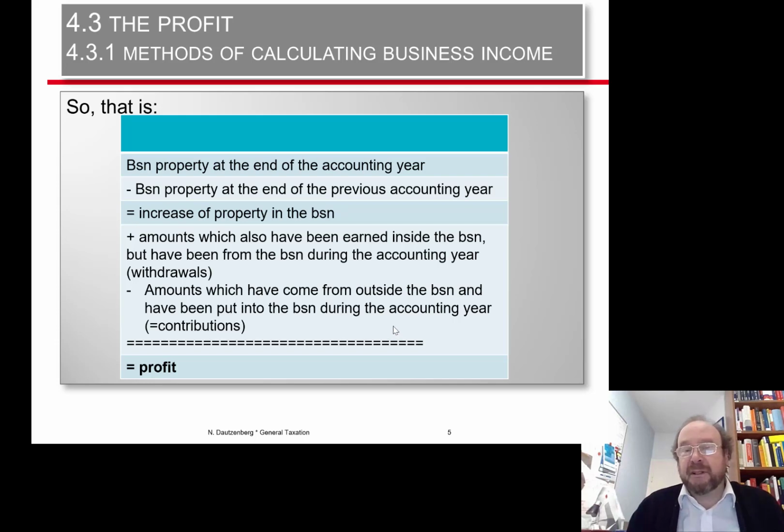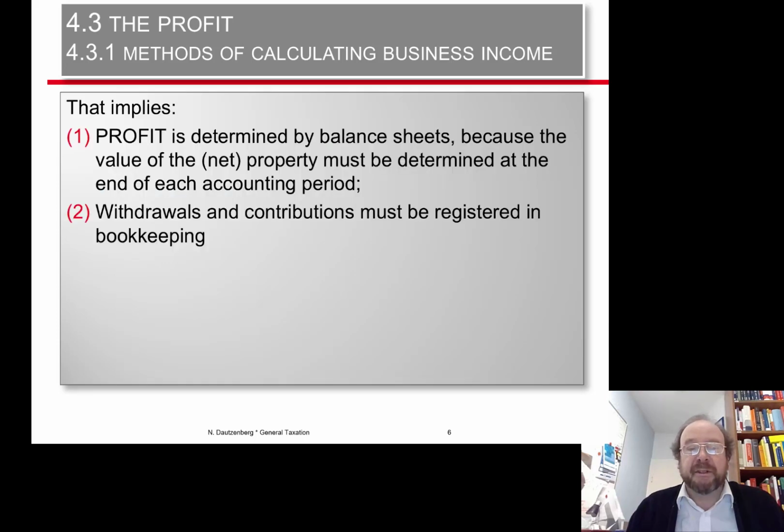They have to be deducted, eliminated, because money which you put into the business from outside naturally increases the business property, but was not generated inside the business, so is not a part of the profit.